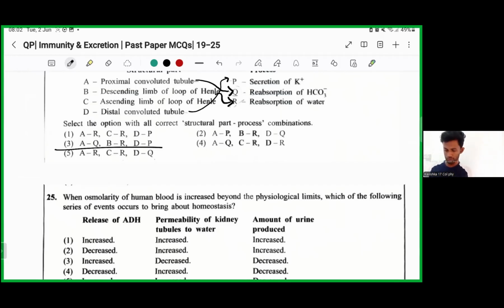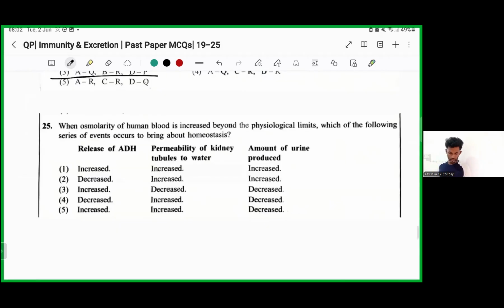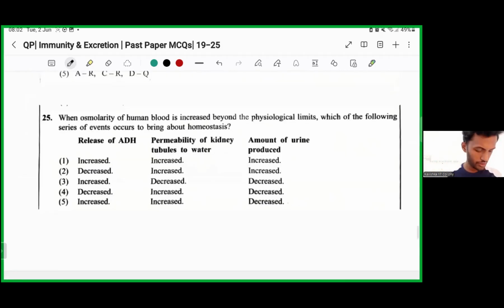So then we'll move to the 25th question. When the osmolarity of human blood is increased beyond the physiological limits, which of the following series of events occurs to bring about homeostasis? Release of ADH, permeability of kidney tubules to water, amount of urine produced. So release of ADH increases, right?